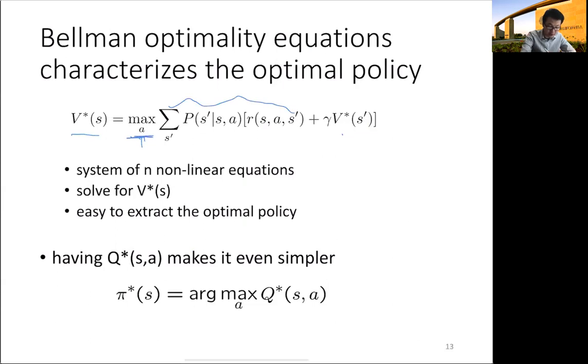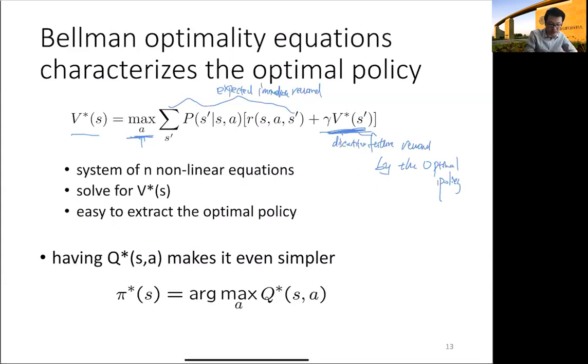This part is the expected immediate reward, and this part is the discounted future reward, discounted future reward by the optimal policy. So if this is the optimal policy already, everything in the future is optimal. So it suffices to choose A such that you maximize the summation of the immediate reward and the future reward.